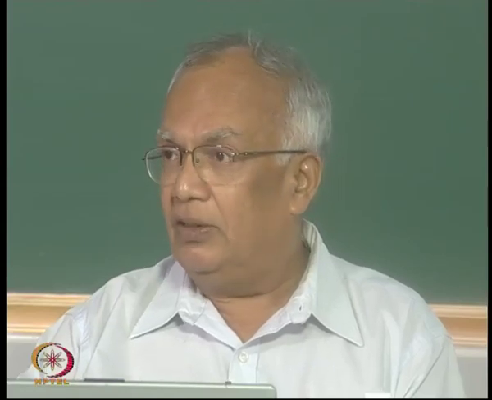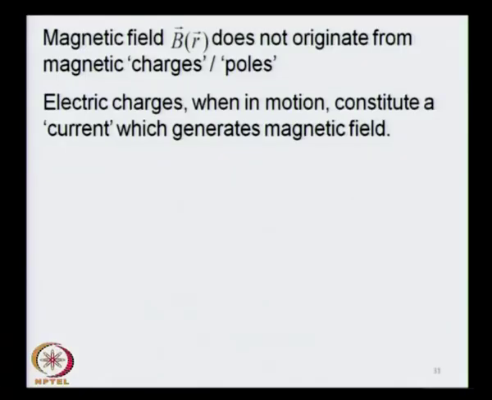So, these are different situations. We will keep ourselves within the domain of classical electrodynamics, wherein we would have magnetic fields generated by electric charges in motion, which is what an electric current is. An electric current is essentially a charge in motion and it generates a magnetic field.